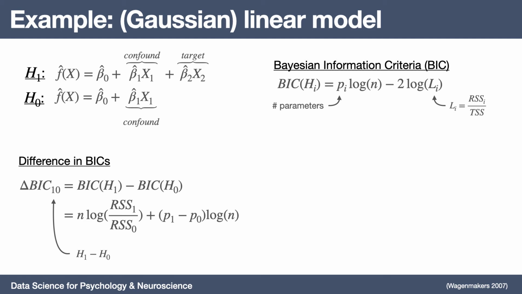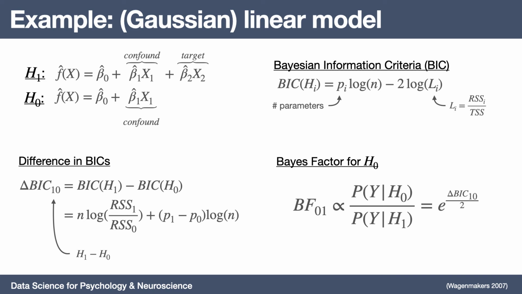Now the Bayes factor for the null is proportional to the ratio of evidence, or proportional to the likelihoods, in this case, if I have no prior, of the data under the null over the likelihood of the data under the alternative. And this, to calculate the Bayes factor 0, 1 here, is basically just e to the power of your delta BIC 1, 0 over 2.